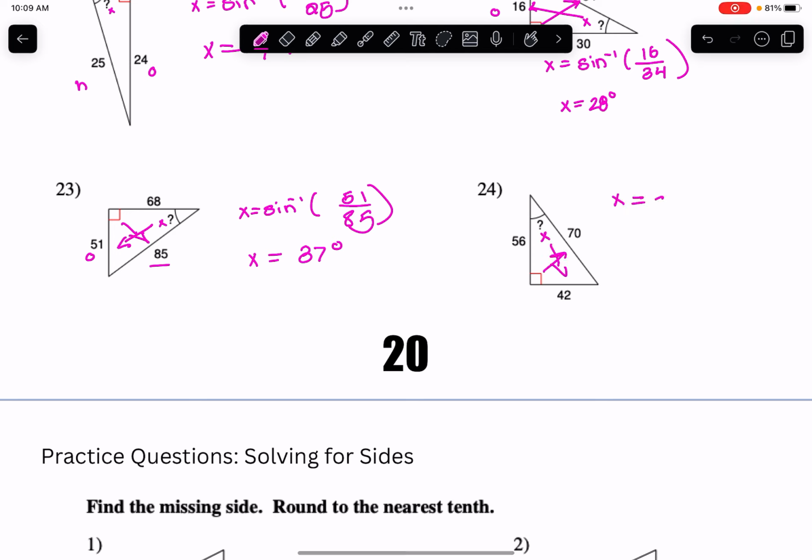So x here is equal to the inverse sine of 42 over 70. So we use calculator. X is equal to 37 degrees.